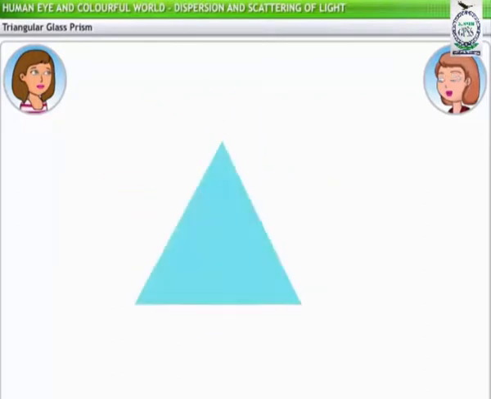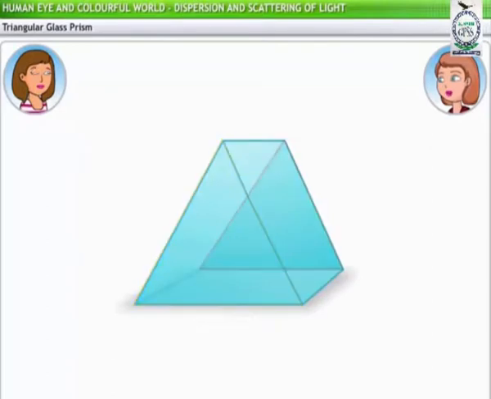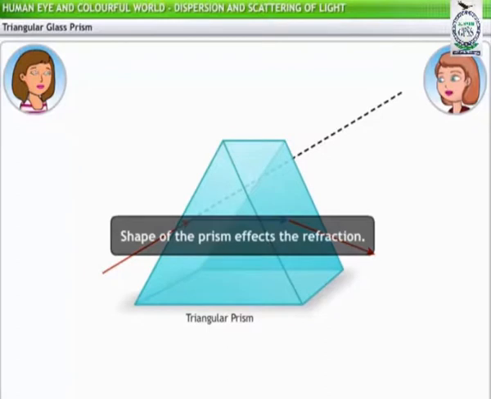Finally, we get a shape with 3 rectangular surfaces and 2 triangular faces. We refer to this as a triangular prism. Wow! I can see how the emergent ray is emerging at a different angle altogether now. Yes, the shape of the prism impacts the way the incident ray refracts.